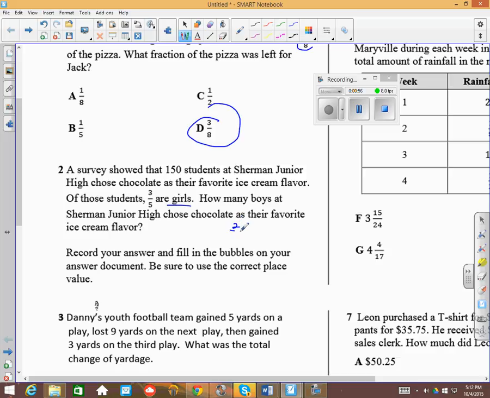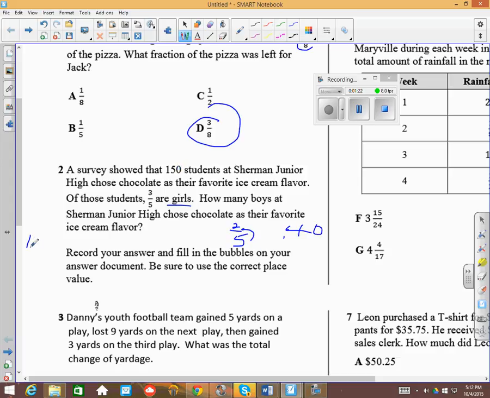You can always change this to a decimal if you want. If you divide 5 into 2.00, you're going to get 40% or 0.40. You could do it that way and then multiply it times the 150, or you can just multiply 150 times 2/5.